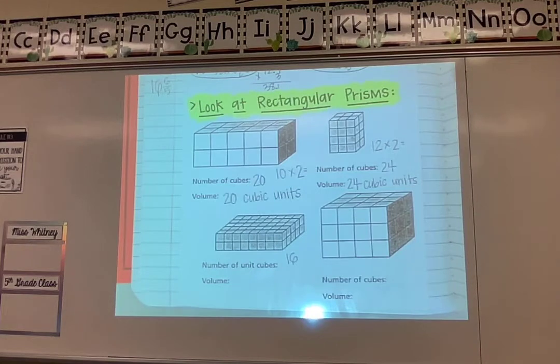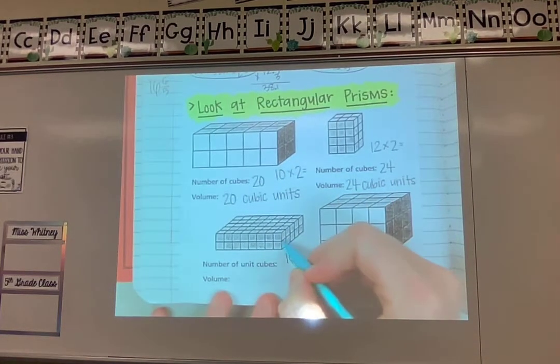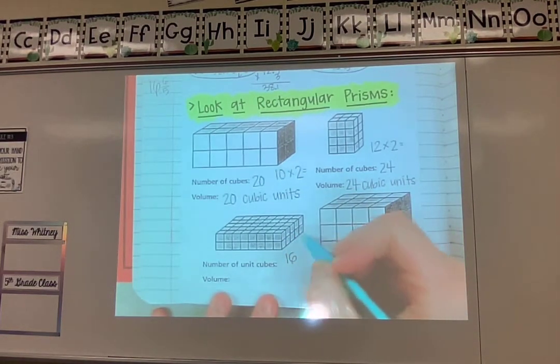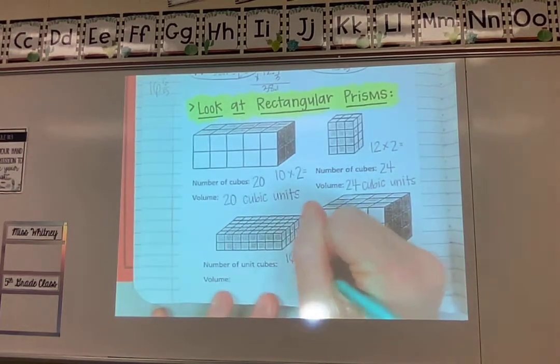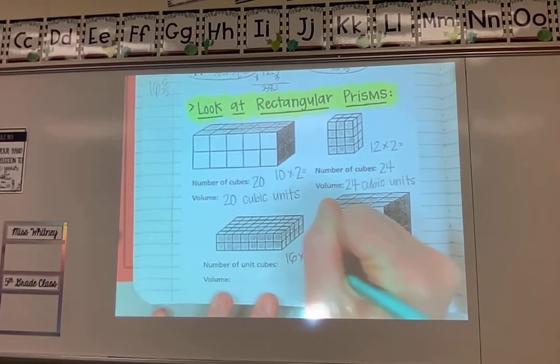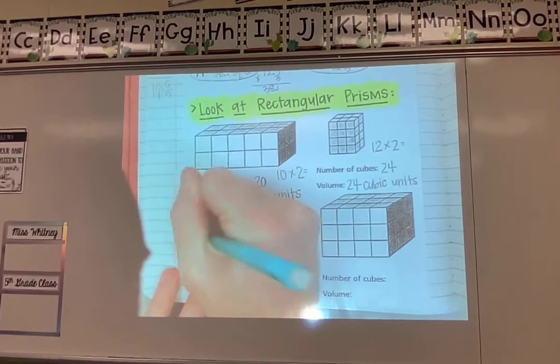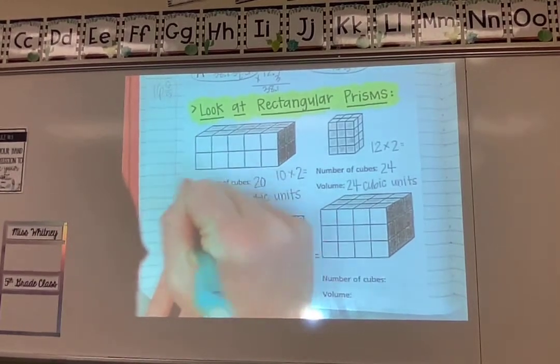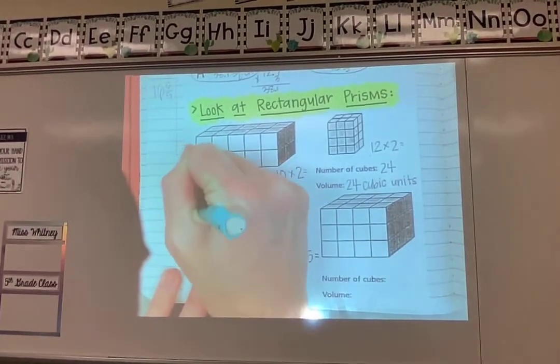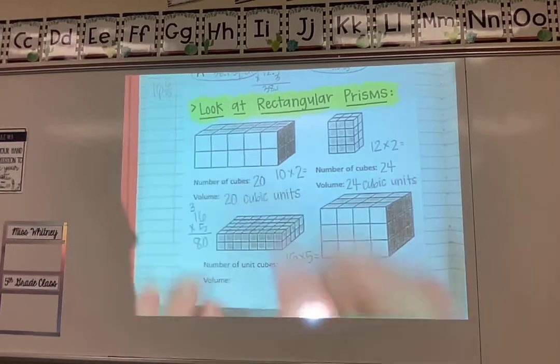And then I'm going to count how many layers are there deep. So there's 1, 2, 3, 4, 5. 5 layers deep. So I need to do 16 times 5 because there's going to be 16 in each one of those layers. Now, if I don't know 16 times 5, I need to work it out. We know how to multiply. That is 80.